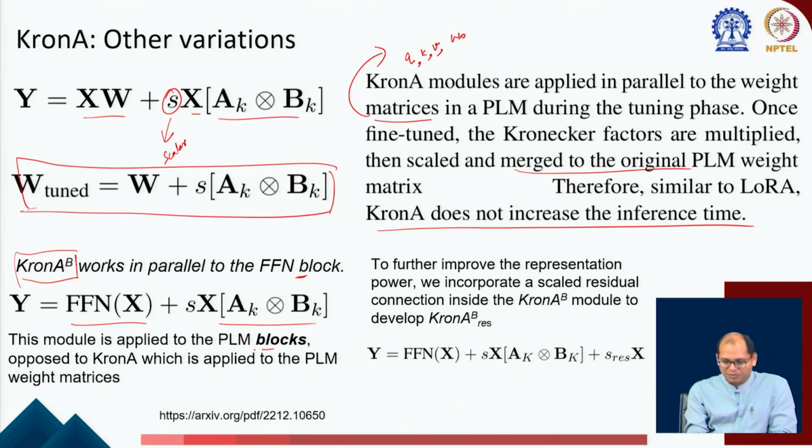It is the same formulation, except that it is applied to the feed forward network. And then they also tried the residual connection, so you can feed x back. This was the KronA B residual. So these are the three variations that they tried: KronA, KronA B and KronA B residual.